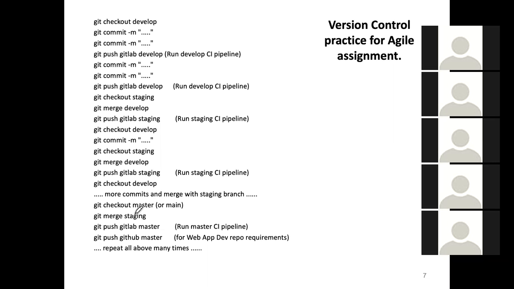You should really only be merging the staging into master. You shouldn't be merging the develop into master. You're only going to be merging the develop into staging. So merge the staging into master, which is really just going to be a fast forward.